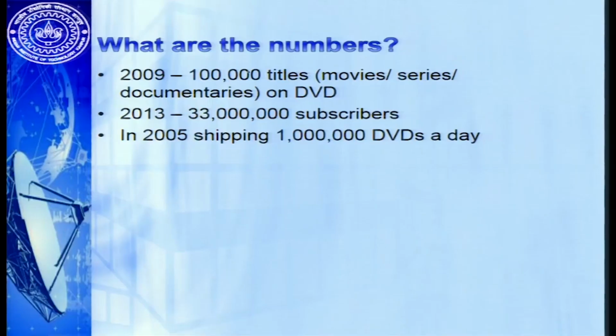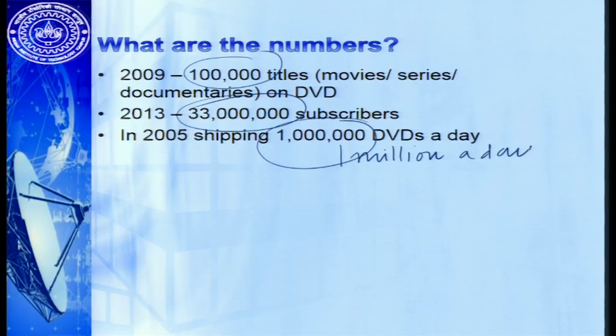Now, what are the numbers? In 2009, Netflix had about 100,000 titles, and in 2013 about 33 million subscribers. In 2005 it was close to shipping about 1 million DVDs a day. That is a large number. You can think of the large amount of data that this generates.